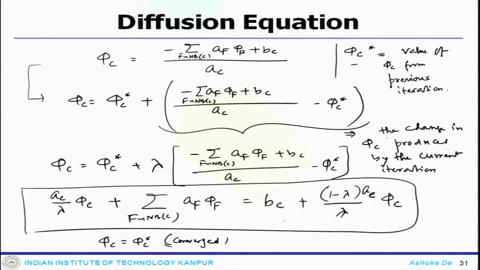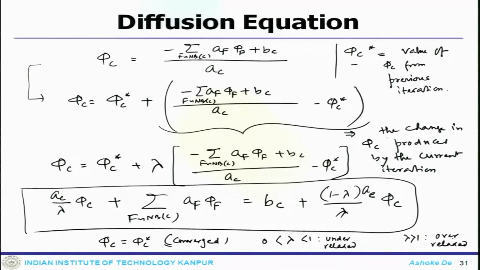Now, another thing is that depending on the value of lambda, if lambda lies between 0 and 1, this is called under relaxed, or if lambda is greater than 1, it is over relaxed.